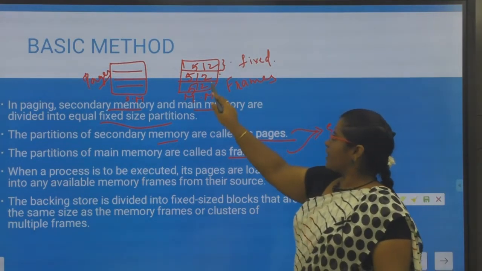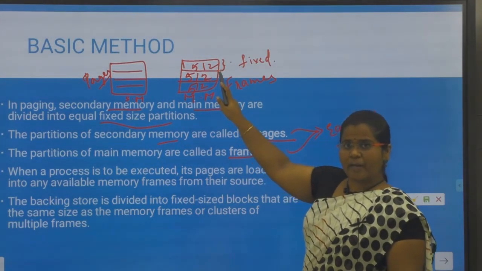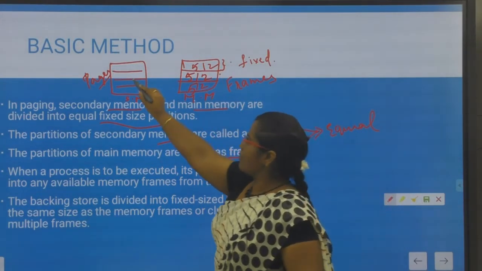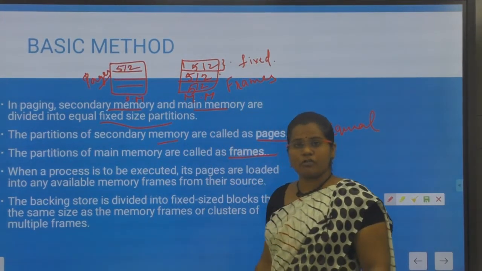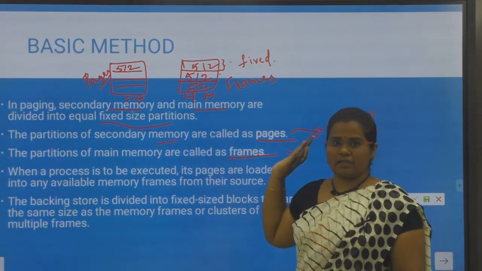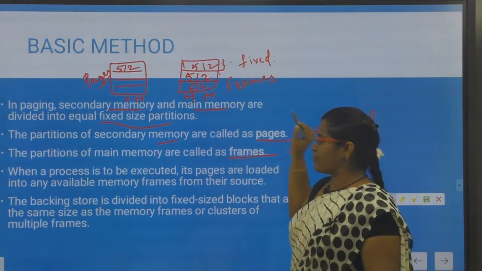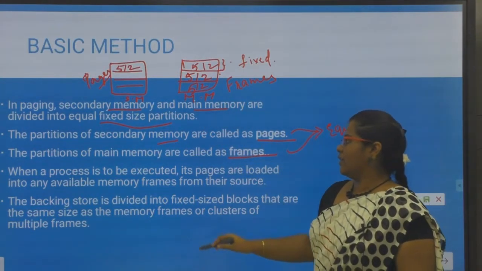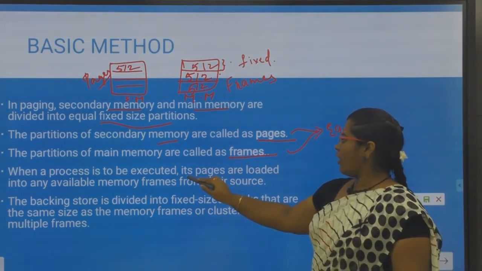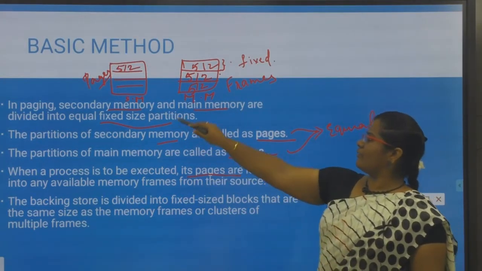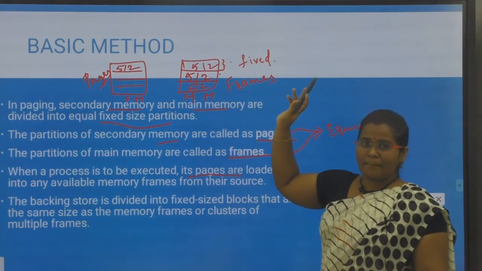So if you fix your frame size as 512 bytes, the same size should be present in your page. Both pages and frames should be of the same size. Whenever you execute a process, all its pages are loaded from secondary memory to the main memory.